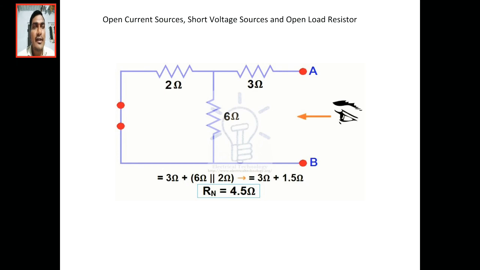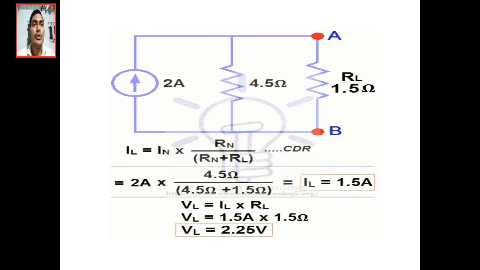After finding Norton resistance and Norton current, what do we have to do in the last step? We have to substitute in the equation, then we can find the load current. By substituting those values, we have to redraw the equivalent circuit, that is, a current source in parallel with the resistance.